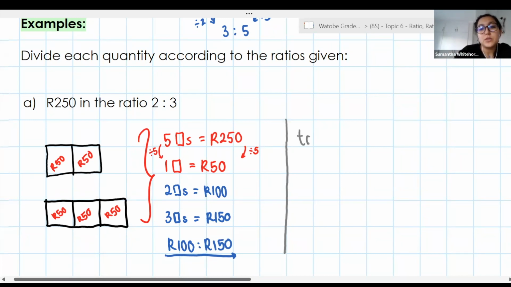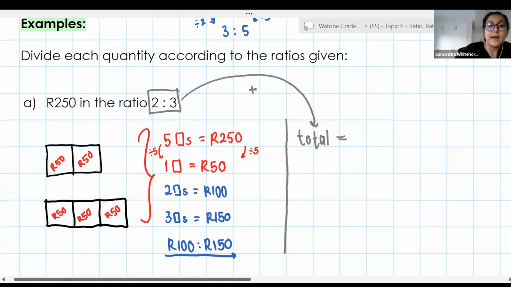So what's very important with ratios is that we always know the total number of parts that we're working with. And to get our total, we will take the numbers in our ratio and we will add them together. So the total number of parts I'm working with here is 5. That's where I got the 5 blocks from. I know that my 250 Rand is represented by those 5 blocks or 5 parts because this is a ratio.